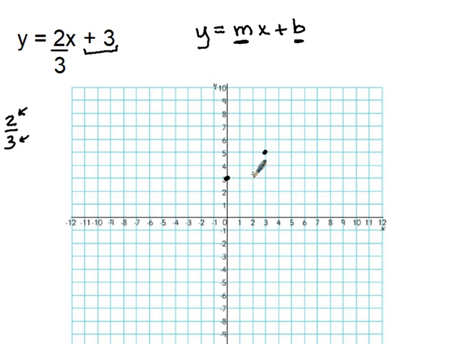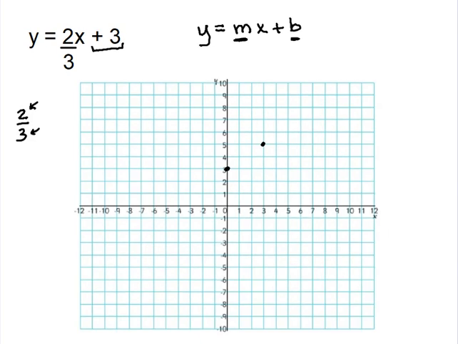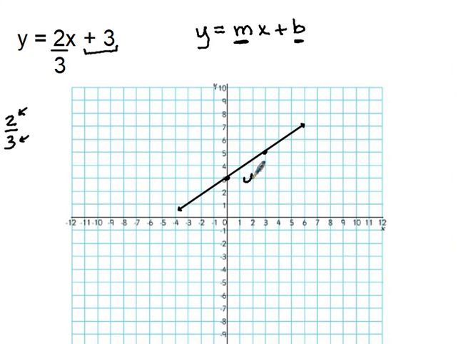What that did for us is it created a second point that we can now use to graph our line. Let me go ahead and draw our line, extending through those 2 points. And there is the line y equals 2/3 x plus 3.